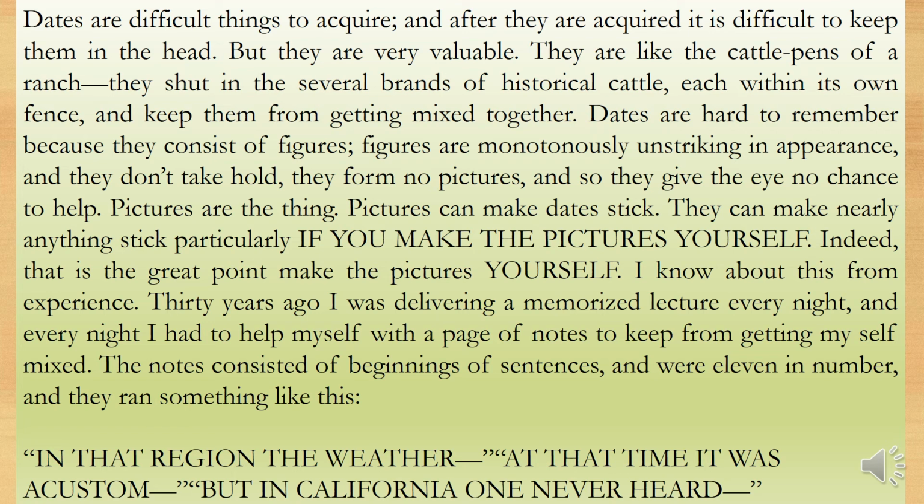Okay, given the title and the clause, if you make the pictures yourself, Twain's main assertion is that one can remember history dates better through pictures. And I have already mentioned to you the questions you can ask yourself as you read a text and identify the author's assertion.